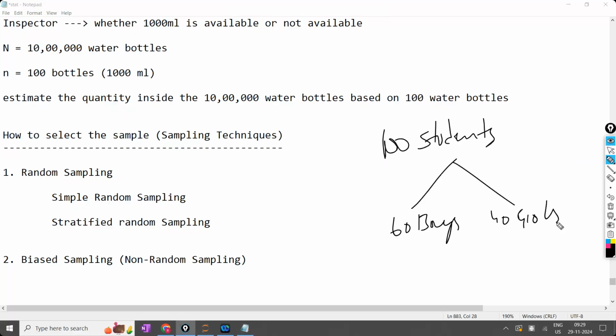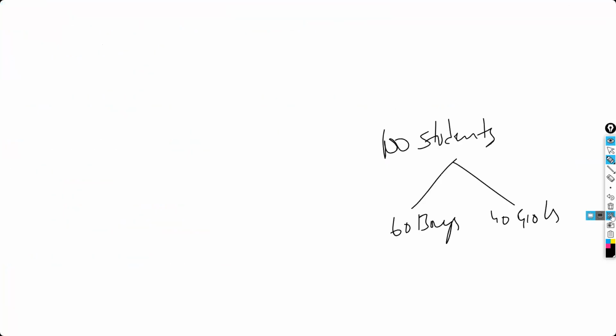Now, I want to select some students, say 10 students. Out of 10 students, I'm going to maintain the original ratio. What is the ratio? 60 is to 40, that is 6 is to 4, which is nothing but 3 is to 2, right?